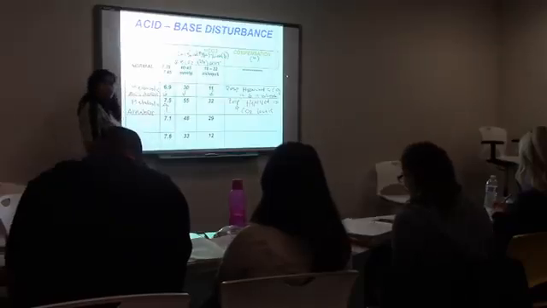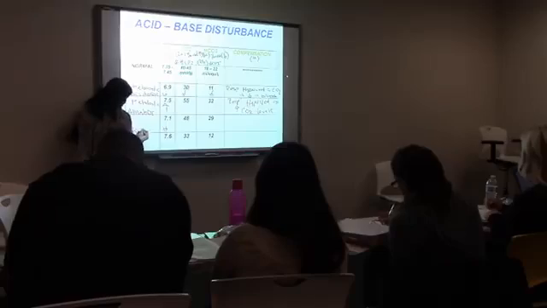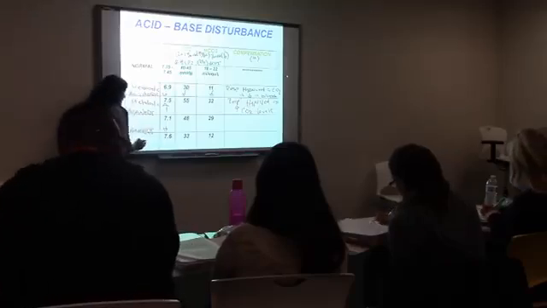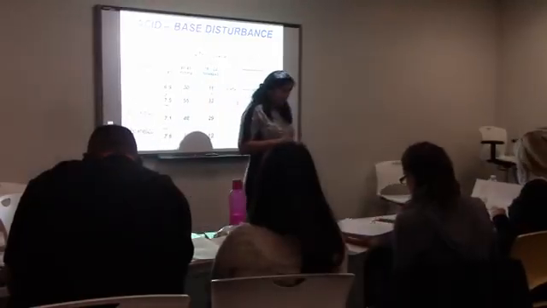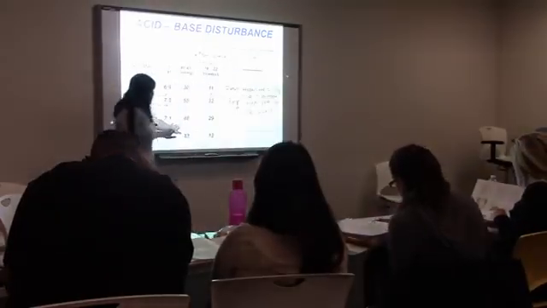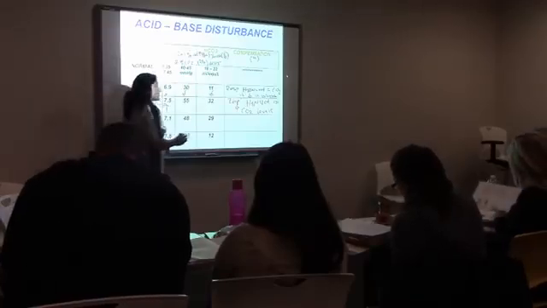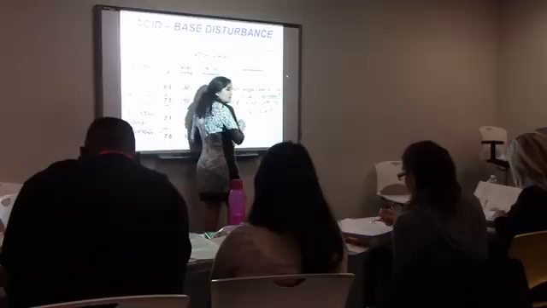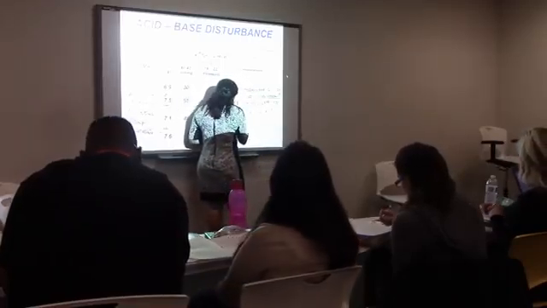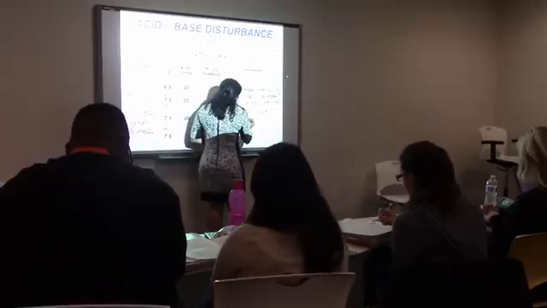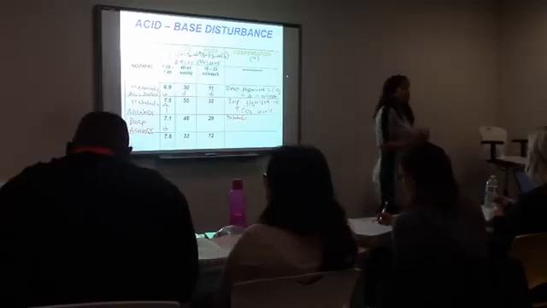7.1, is that increased or decreased? It's acidosis. If you say you have respiratory acidosis, what should your CO2 levels be? Increased. Has it increased? Yes, so it is. Which system compensates? The metabolic system. In terms of compensation, when you say metabolic, it means kidneys.